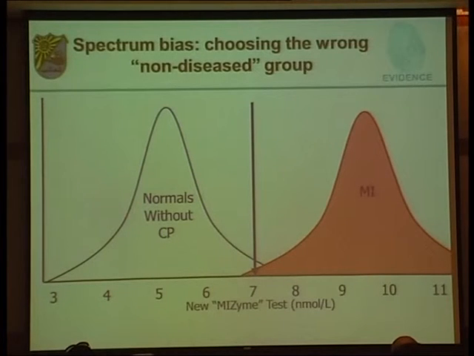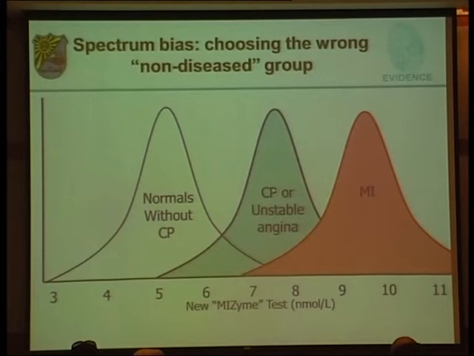People without chest pain. Yeah. Would you ever give this test for MI in people who are just walking around normal? Wrong patient group in the study. They shouldn't be in here. Because who are the non-diseased who you would be giving the test to? Those people with chest pain or unstable angina or some other cause, GERD or something like that.